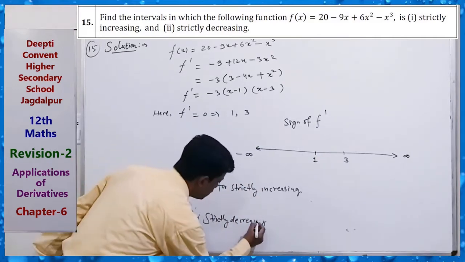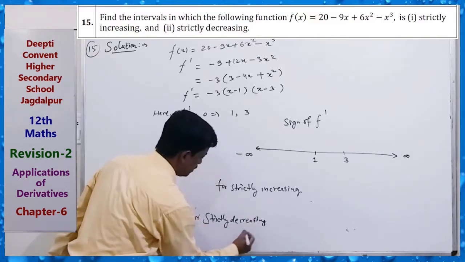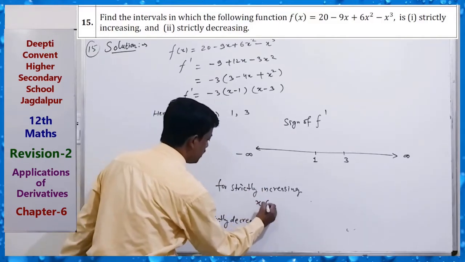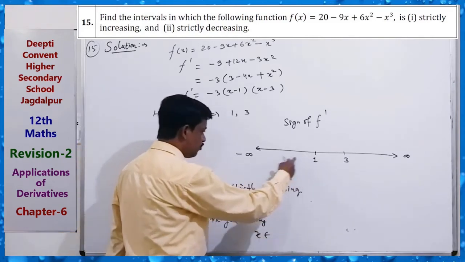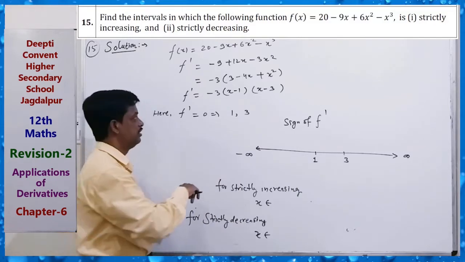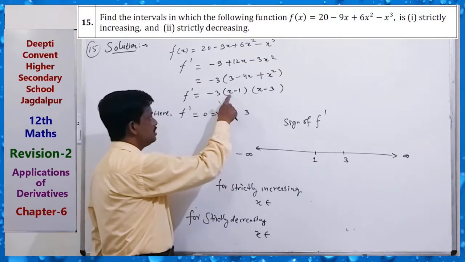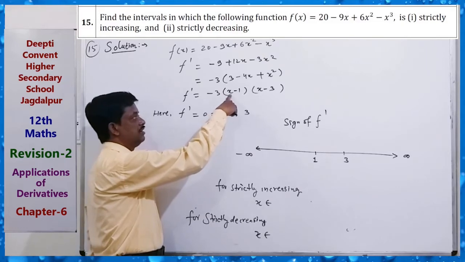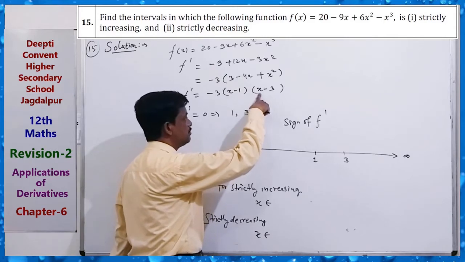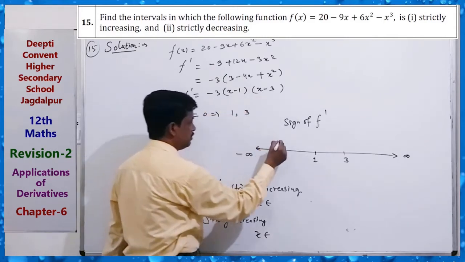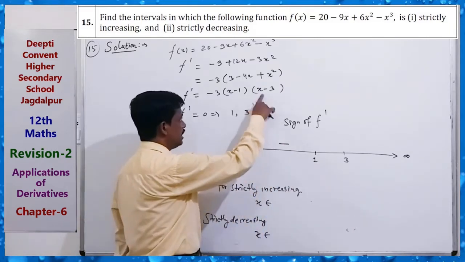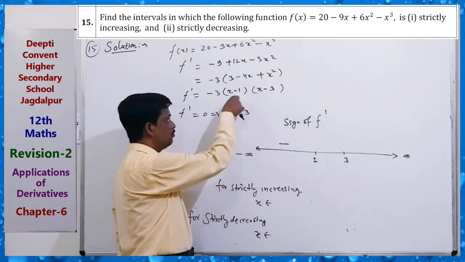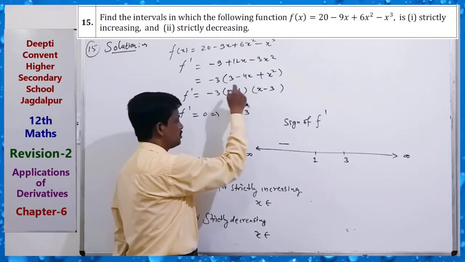For values less than 1, this will give a negative sign, negative, negative, positive, so negative. For 1 to 3, this will give a negative value and this will give a positive value, so positive.